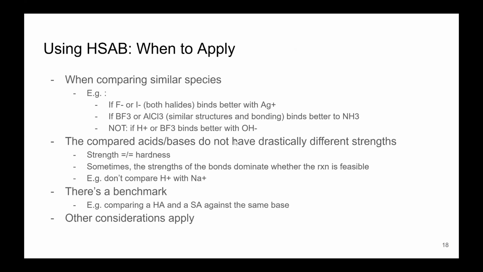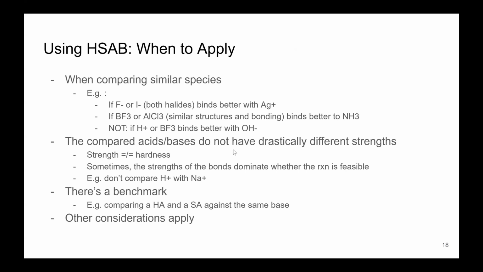And remember, HSAB has exceptions. It's not a hard and fast rule, and you should consider other factors. It is just one of the many factors that we consider for Lewis acids and bases, and we shouldn't apply it blindly all the time. We should also consider bond strength, what solvent the reaction is carried out in, and a lot of different things like the state symbols of each of the ions, acids and bases.